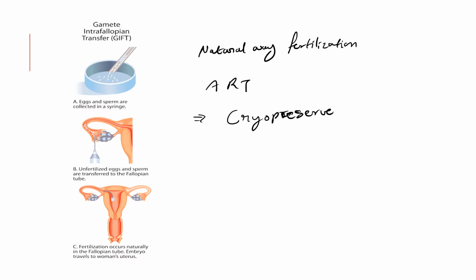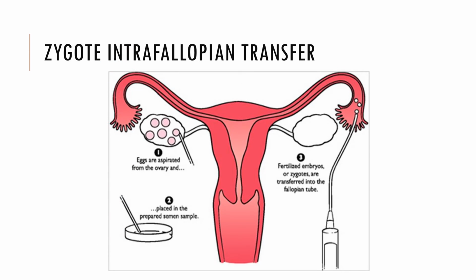Now we'll move to the next part, that is the zygote intrafallopian transfer or ZIFT. Over here, once an egg and a sperm fuse together, what we get is the single cell diploid egg.